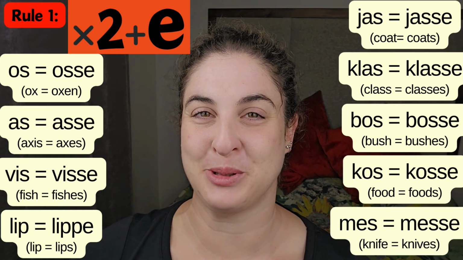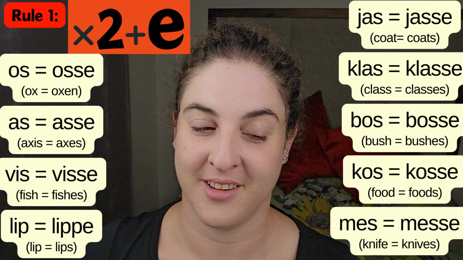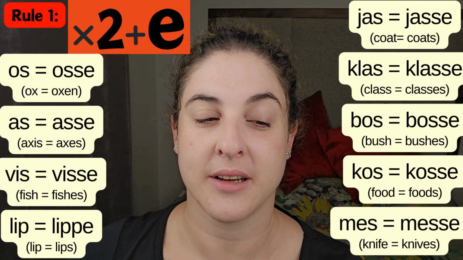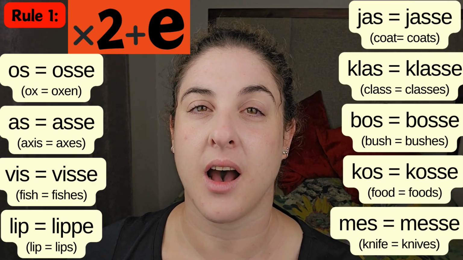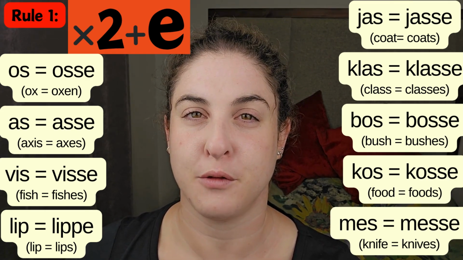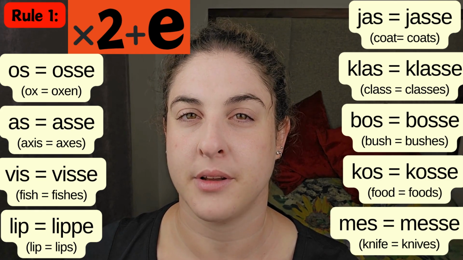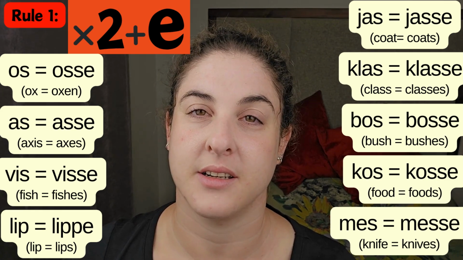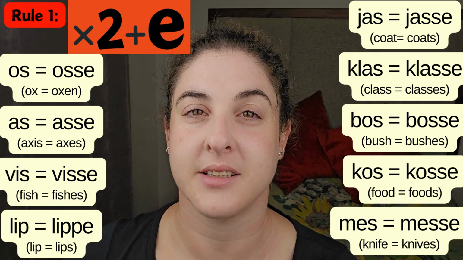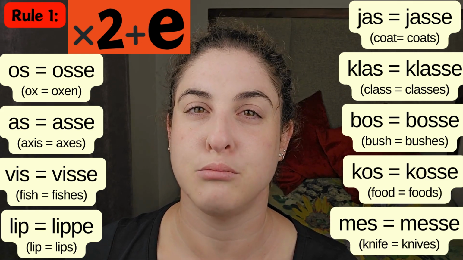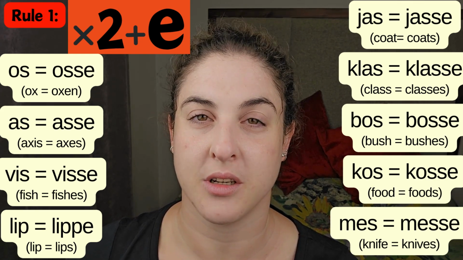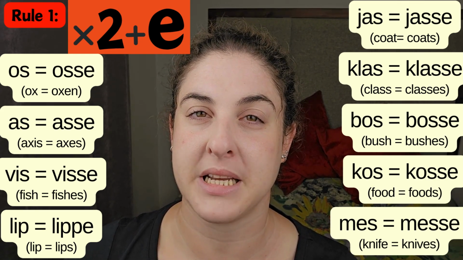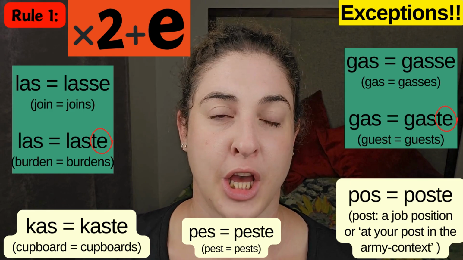And even more examples of times 2 plus e. Os, osse, as, asse, vis, visse, lip, lippe, jas, jasse, klas, klasse, bos, bosse, kos, kosse, mes, messe.